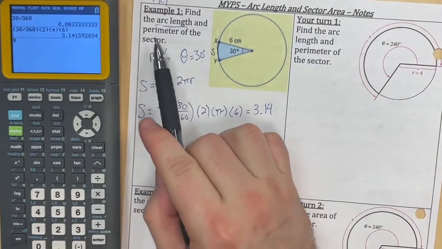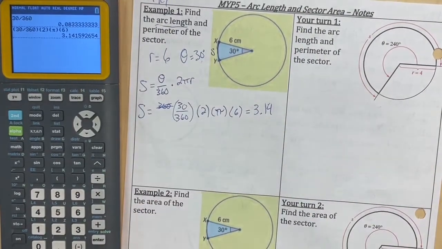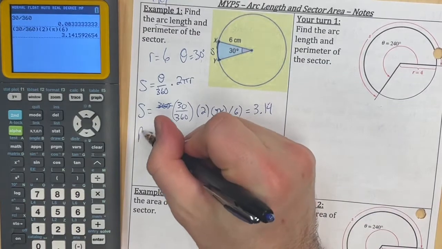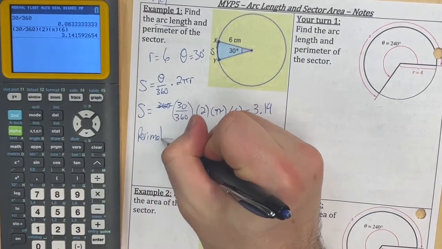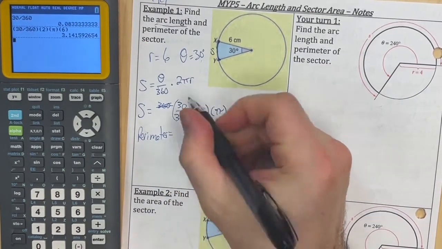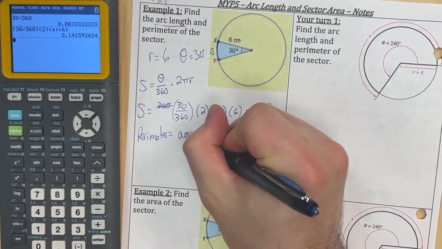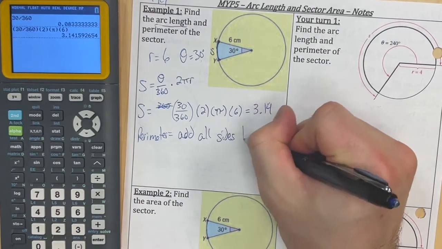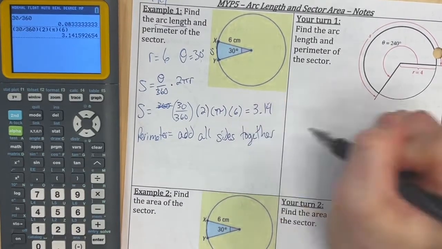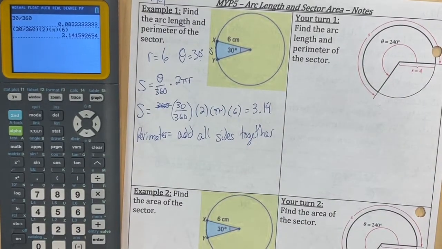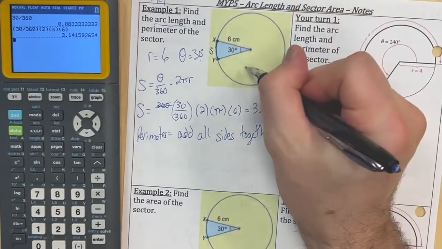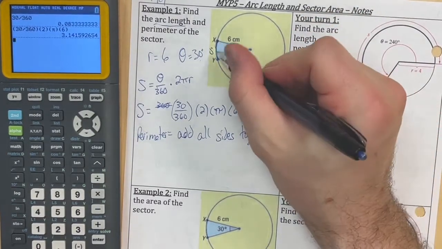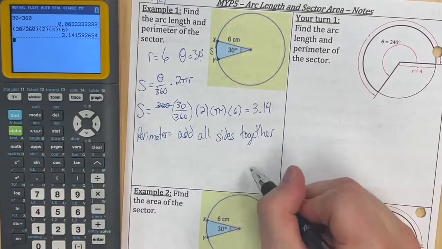Then it says find the perimeter of that sector. Well, how do we do that? Perimeter means add all sides together. So what do we know? If we picture it, let me draw it down here.